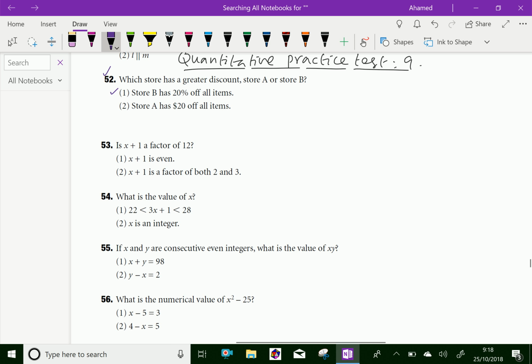Then the second statement, store A has $20 off all items, means every item has a $20 discount, but here also there is no information about the price of the items. So by using either statement we cannot solve this problem. So the option is E, which means both statements are not enough to solve.